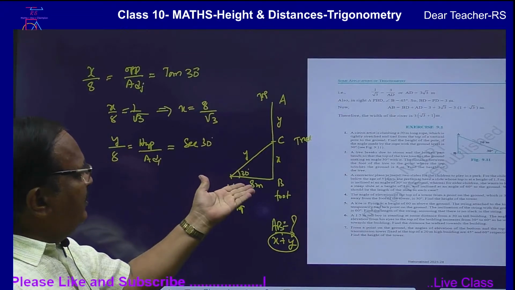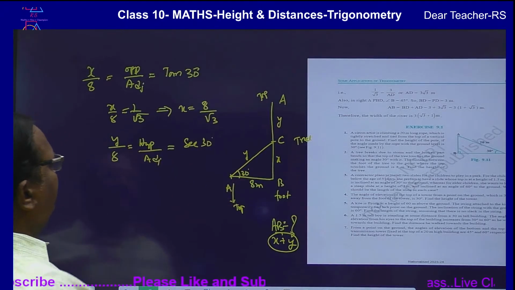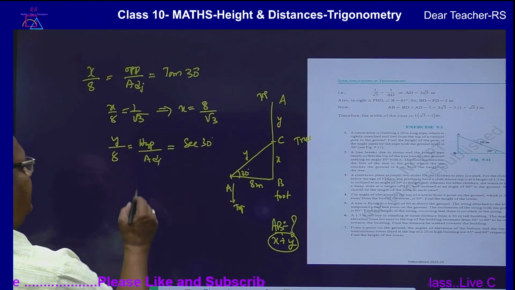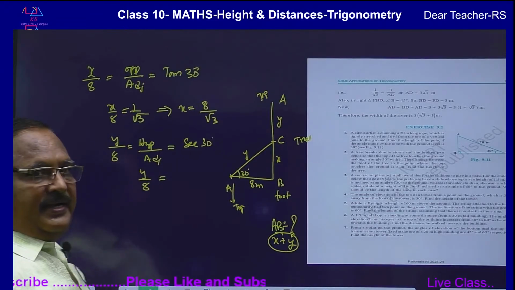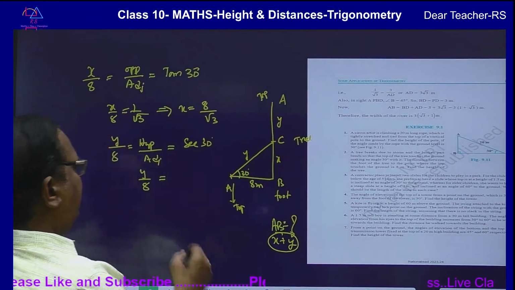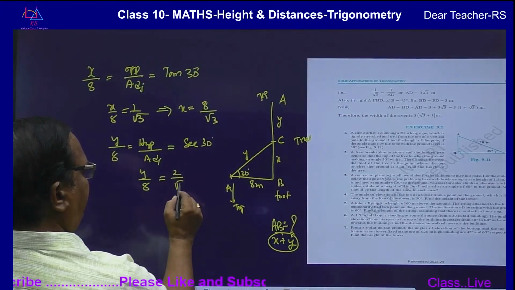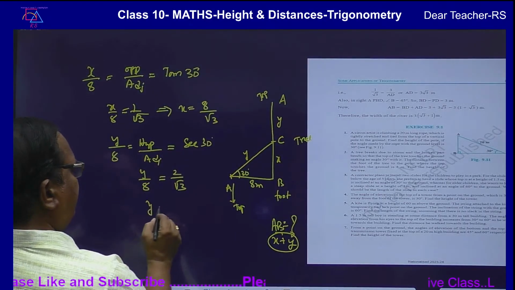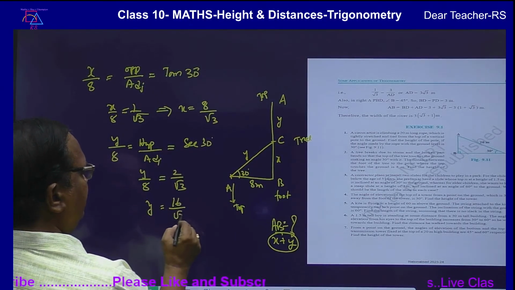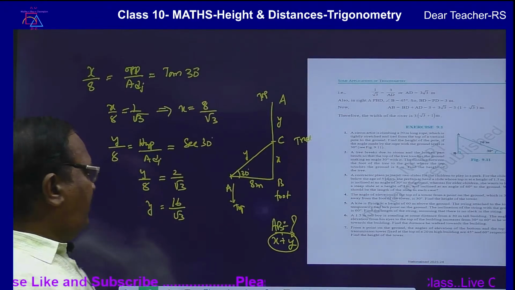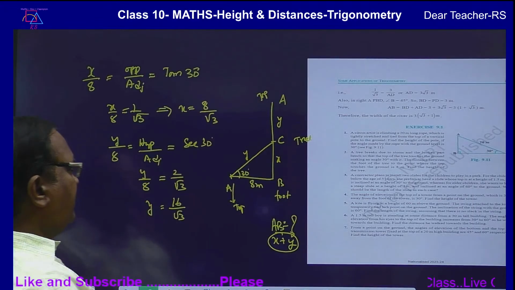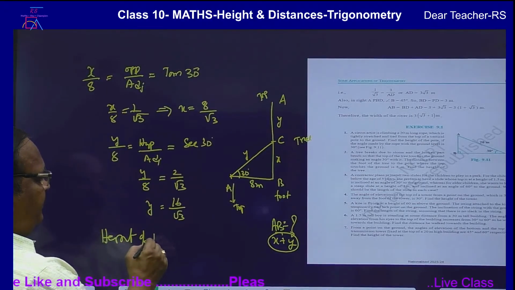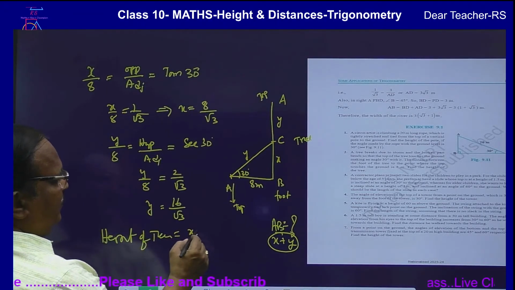Whatever is known, I am writing at the bottom. So that means y upon 8 is equal to 2 by root 3, since cos 30 is root 3 by 2. So then y is equal to 16 upon root 3. Now the height of the tree is equal to x plus y.